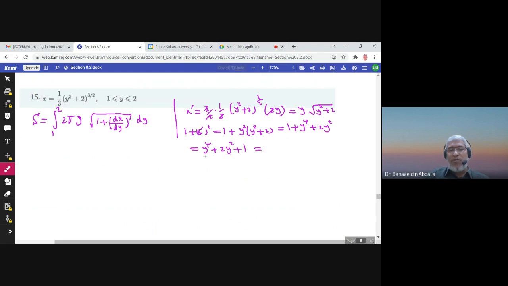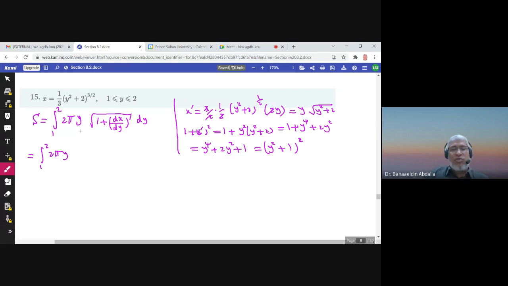If you notice, the first term has a root, and the third term has a root, and the sign of the second term is positive. So these three terms could be written as a perfect square like this: 1 times y squared times 2 will give you 2y squared. So this would be the integral from 1 to 2 of 2 pi y.